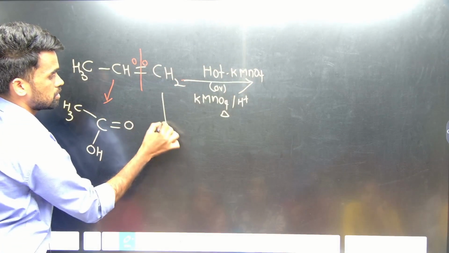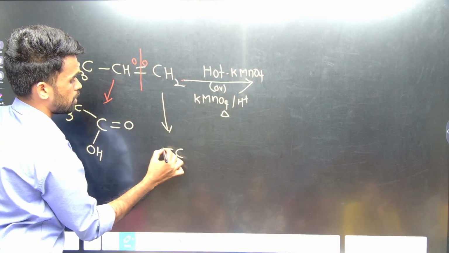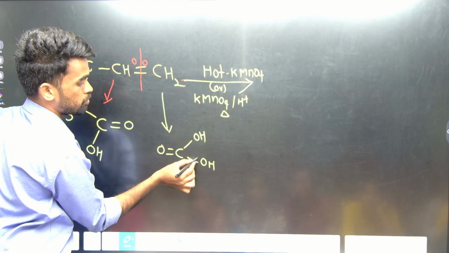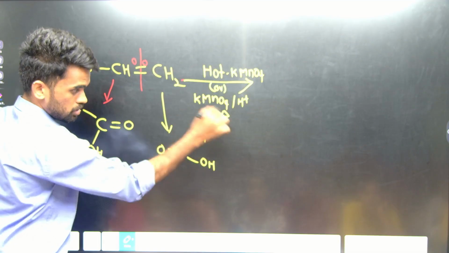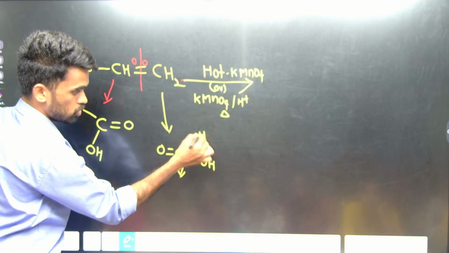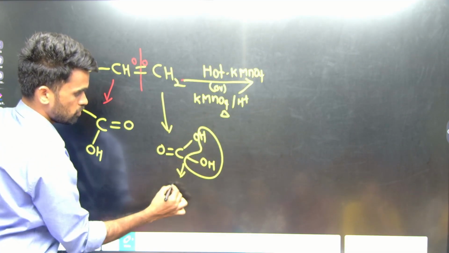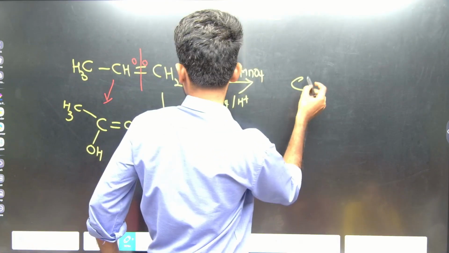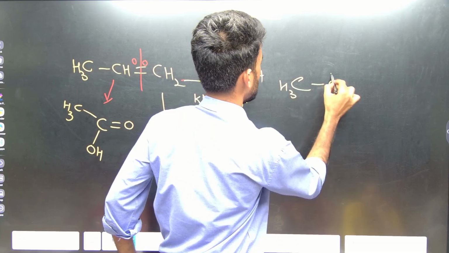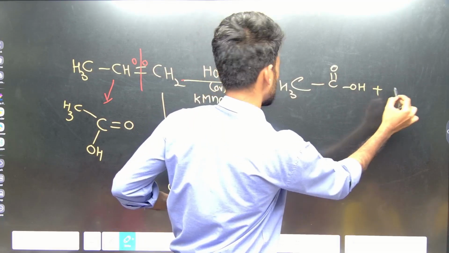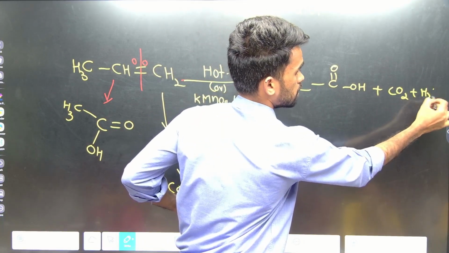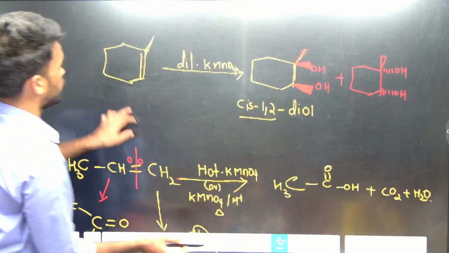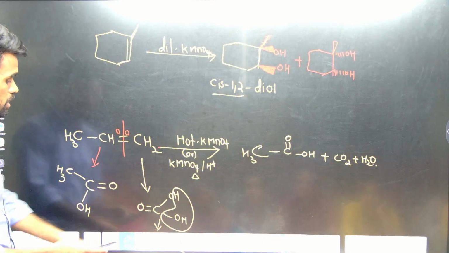This side C, double bond O, and OH, OH. If more OH groups are present on the same carbon, remove water. So CO2, H2O. So now what are your products here? CH3C double bond O, OH plus CO2 plus H2O. Clear? Now tell me, what is the product in this case if I ask for the same reaction?